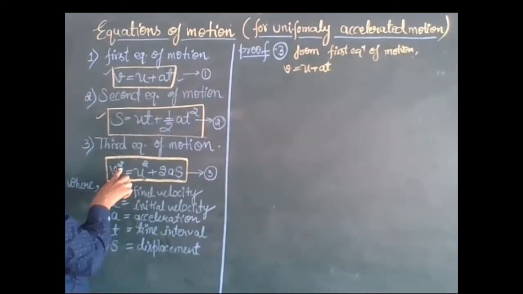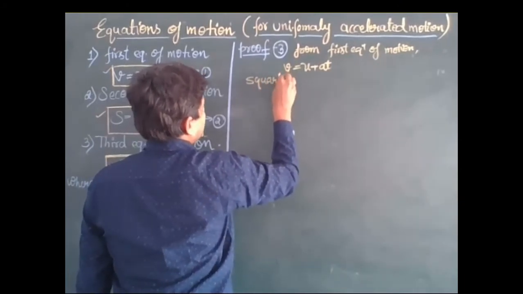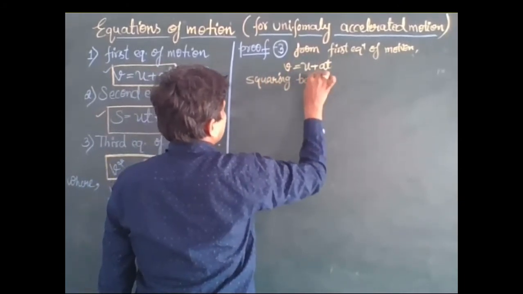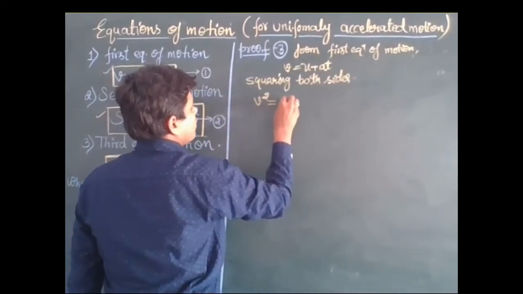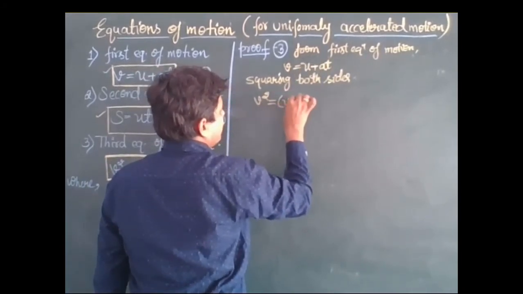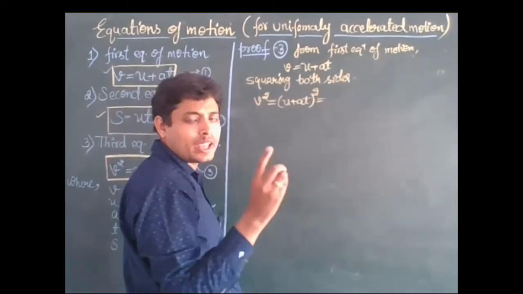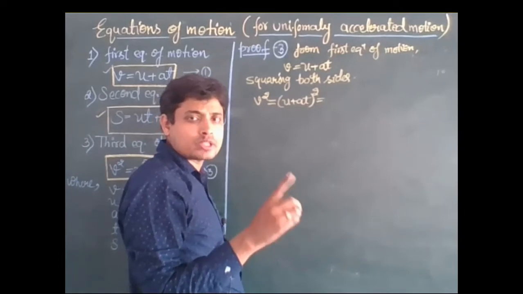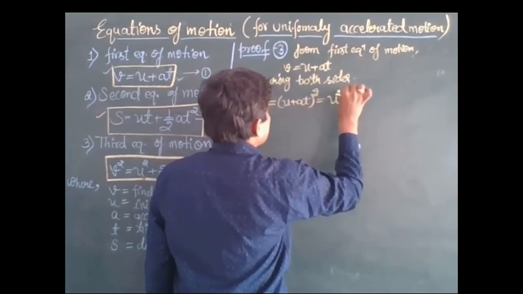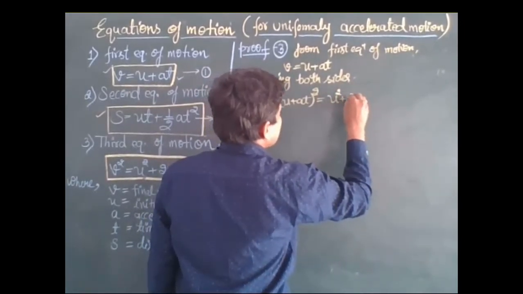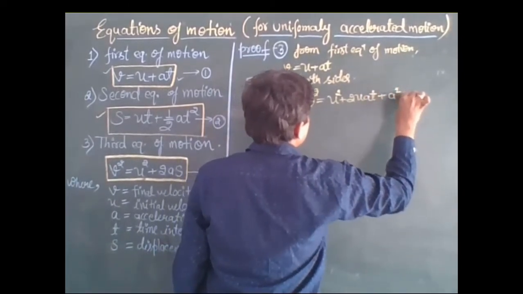Here there is a square, so we have to square this term, squaring both sides. v square is equal to, when you square u plus at whole square, it will open with the formula a plus b whole square is equal to a square plus b square plus 2ab. So it will be u square plus 2uat plus a square t square.